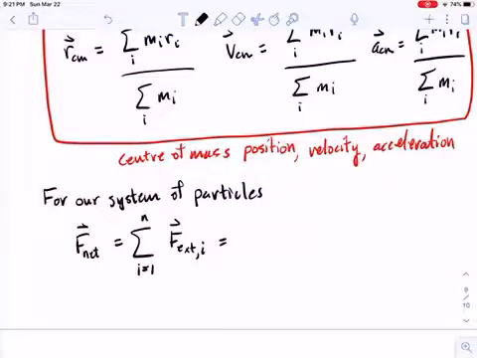And that was equal to the time derivative of the system momentum, but the system momentum was the total mass of the system times the center of mass velocity. And so when we take the derivative, we get the total mass times the derivative of the center of mass velocity, which is just the total mass of our system times the acceleration of the center of mass.